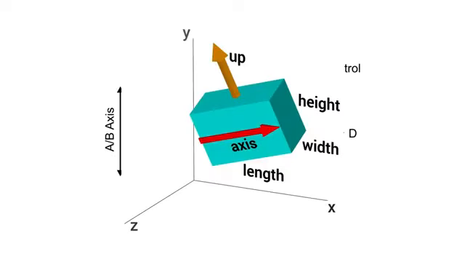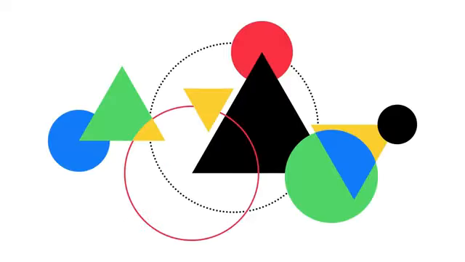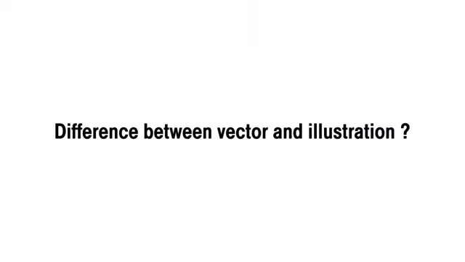Now the sixth one is vector graphics. A vector graphic that is created with the help of mathematics and geometric calculation is called vector design. Now what is the difference between vector and illustration?